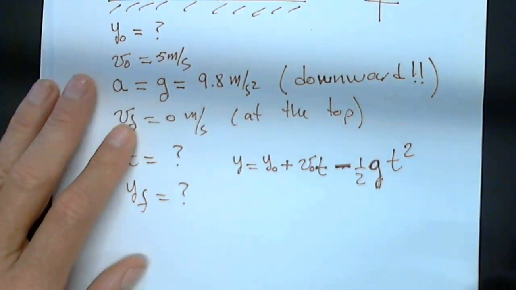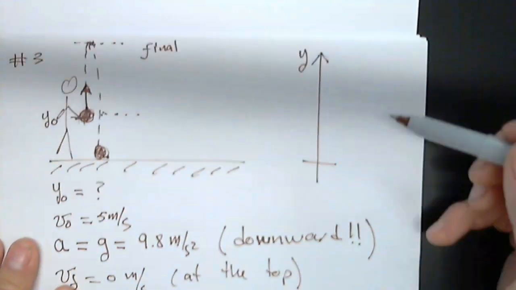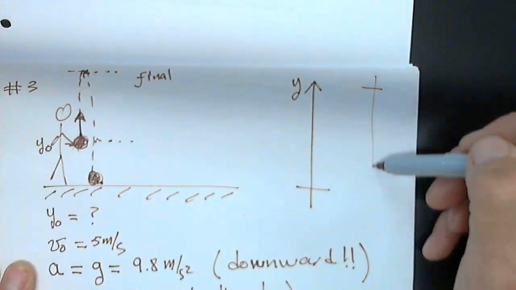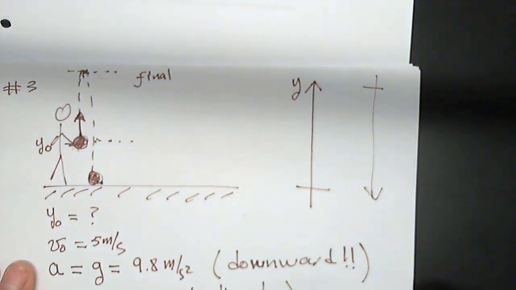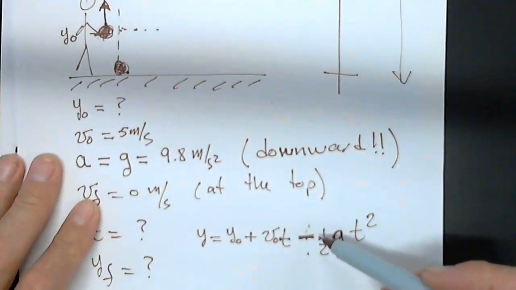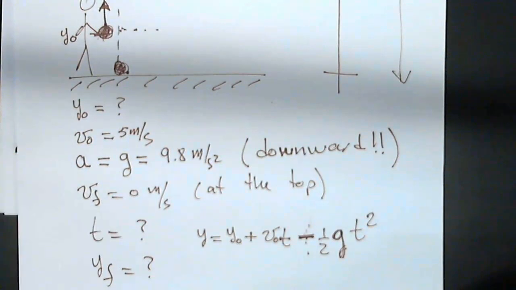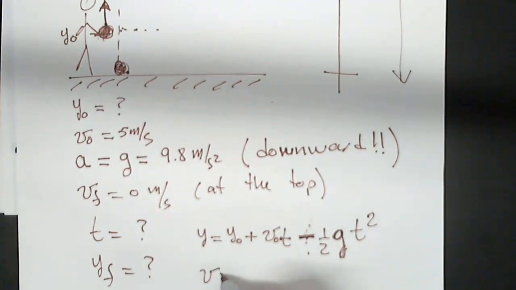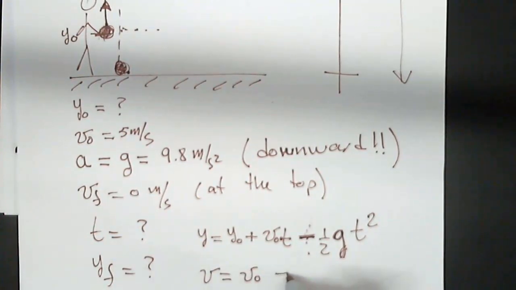So this is the way people prefer to put it. However, if you put the axis this way, then this number over here, instead of negative, is plus. Never do that, you are going to confuse people. And the other equation is the velocity is v naught minus gt.